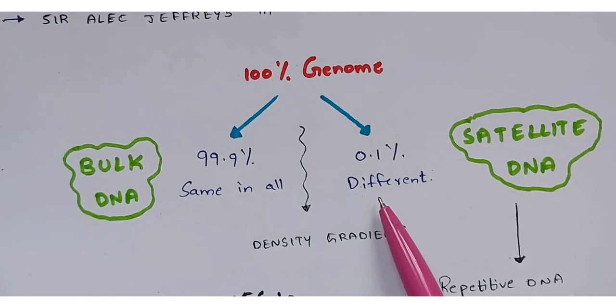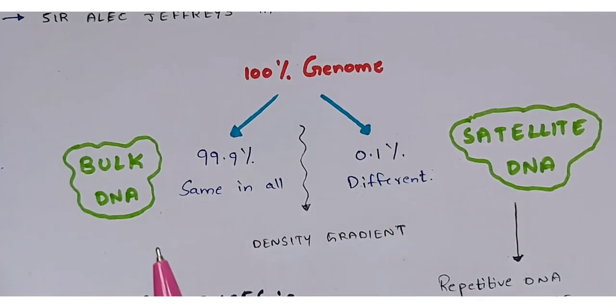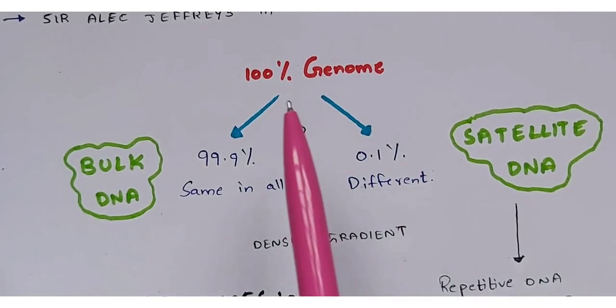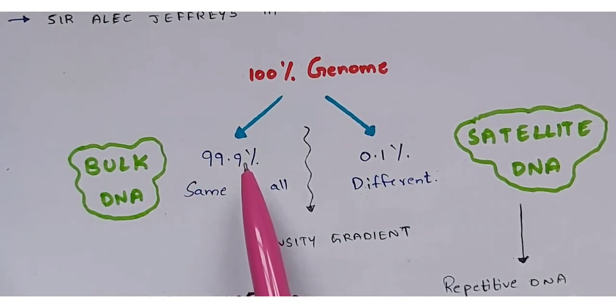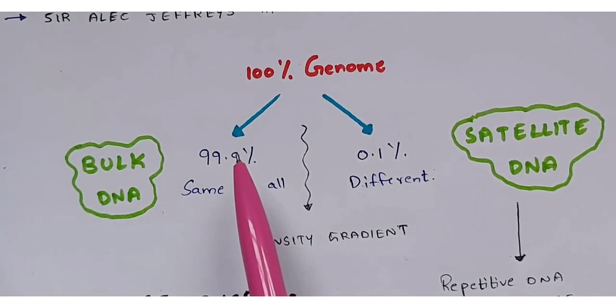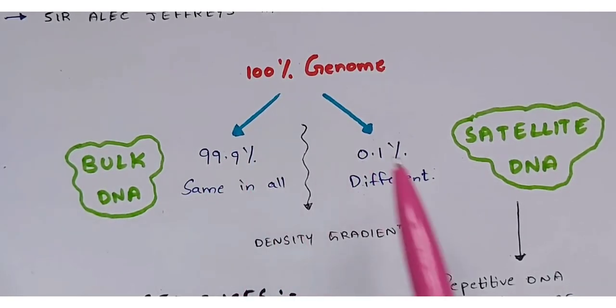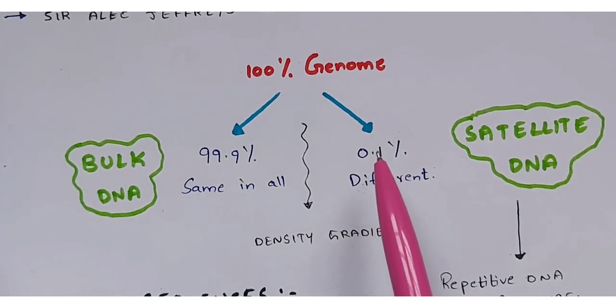Basically, in every human being, there is 100% of the genome, right? In this 100% of the genome, 99.9% will be similar in all humans. For you and for me, 99.9% of the genome will be similar, whereas 0.1% of the genome will be different in all human beings.